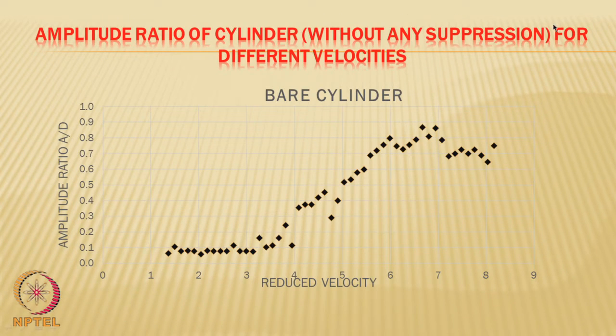We have also plotted the amplitude ratio of the cylinder without any suppression for different velocities. The reduced velocity of different range is shown in the x axis, and on the y axis shows the amplitude ratio for a bare cylinder which does not have any proposed suppression systems for controlling the vortex induced vibration.